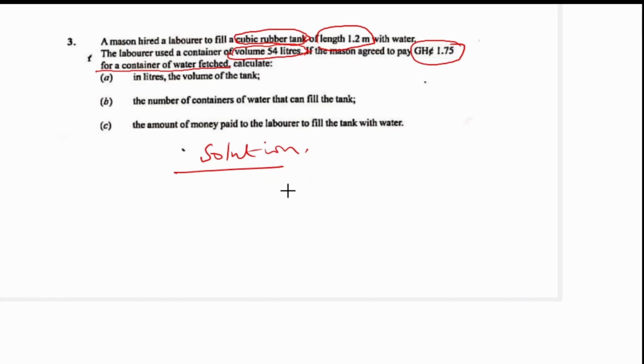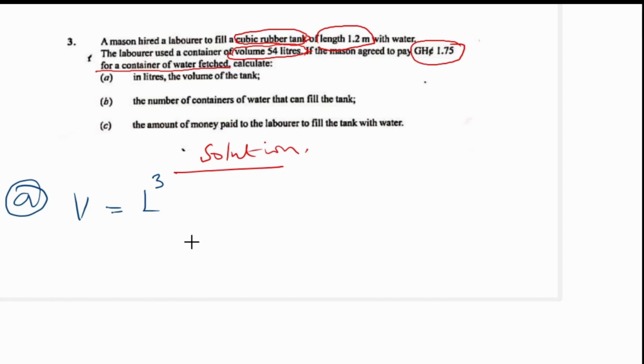Now let's get to the first part of the question. Calculate in liters the volume of the tank. So now that we have the key facts, let's deal with the very first one, the fact that the tank is a cubic tank. To find the volume of a cubic tank, we must use the volume of a cube. I hope you remember that V equals L cubed, because with a cube, all sides have the same length.